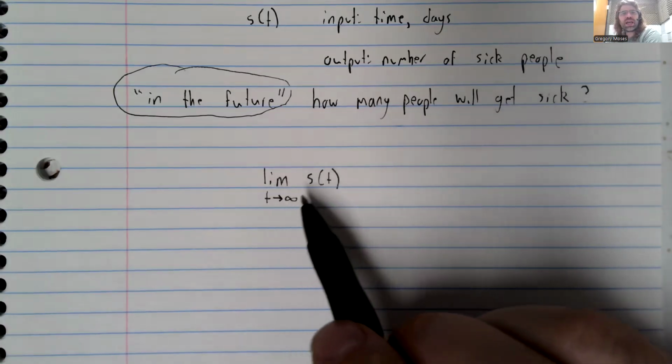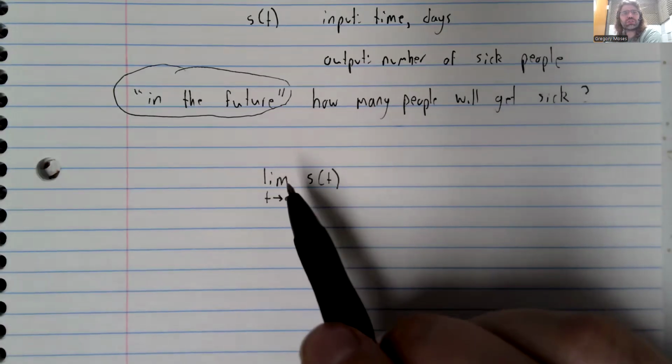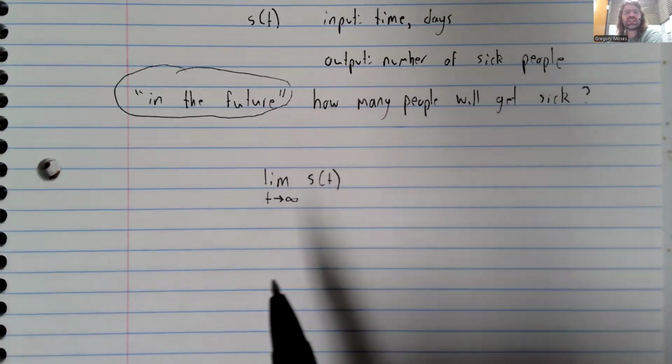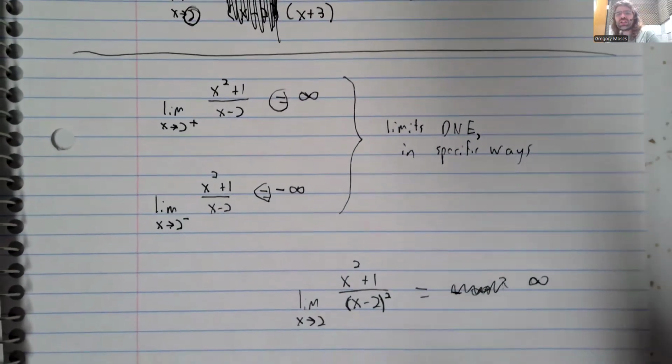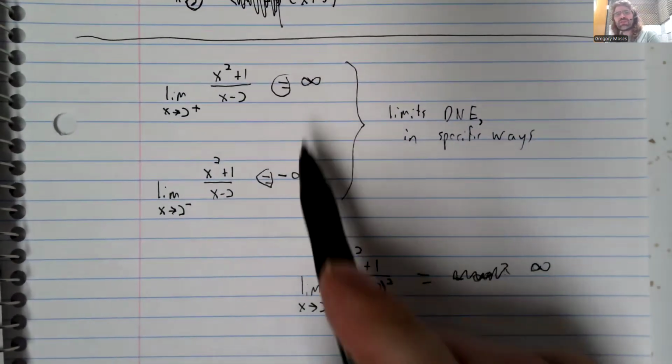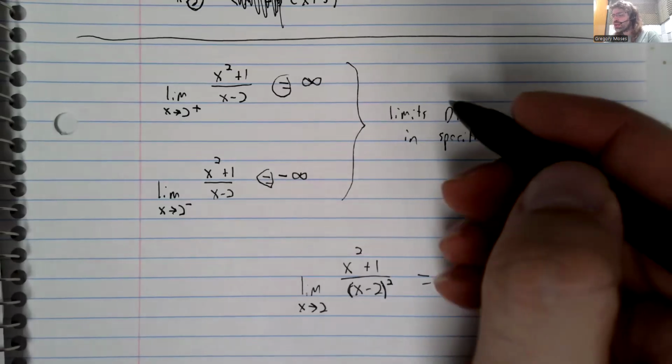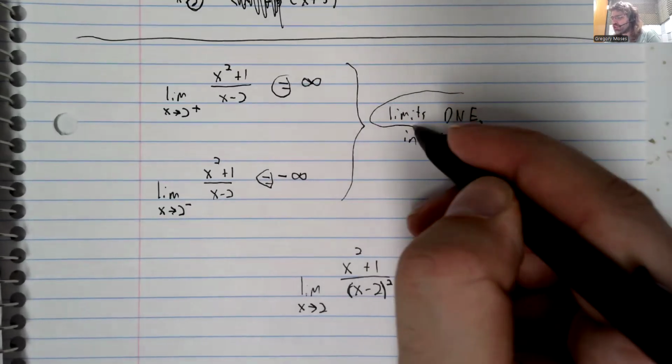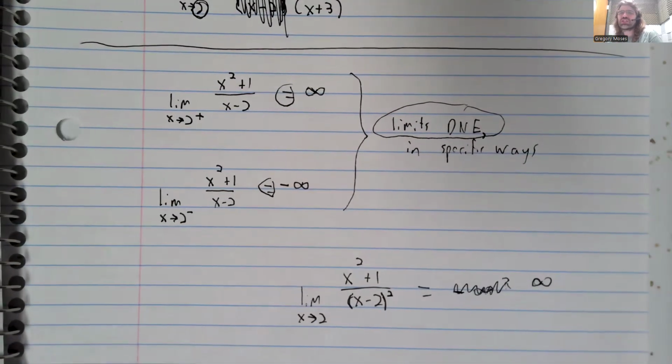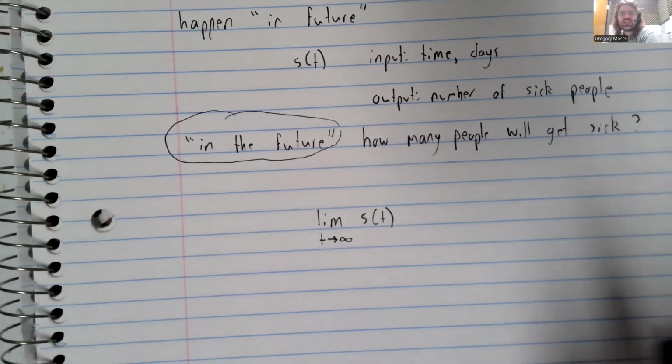So what we have here is a real limit. That is, in the material from the previous video, we have this infinity symbol, and I'm telling you, well, the limit doesn't actually exist. That's not the case here.